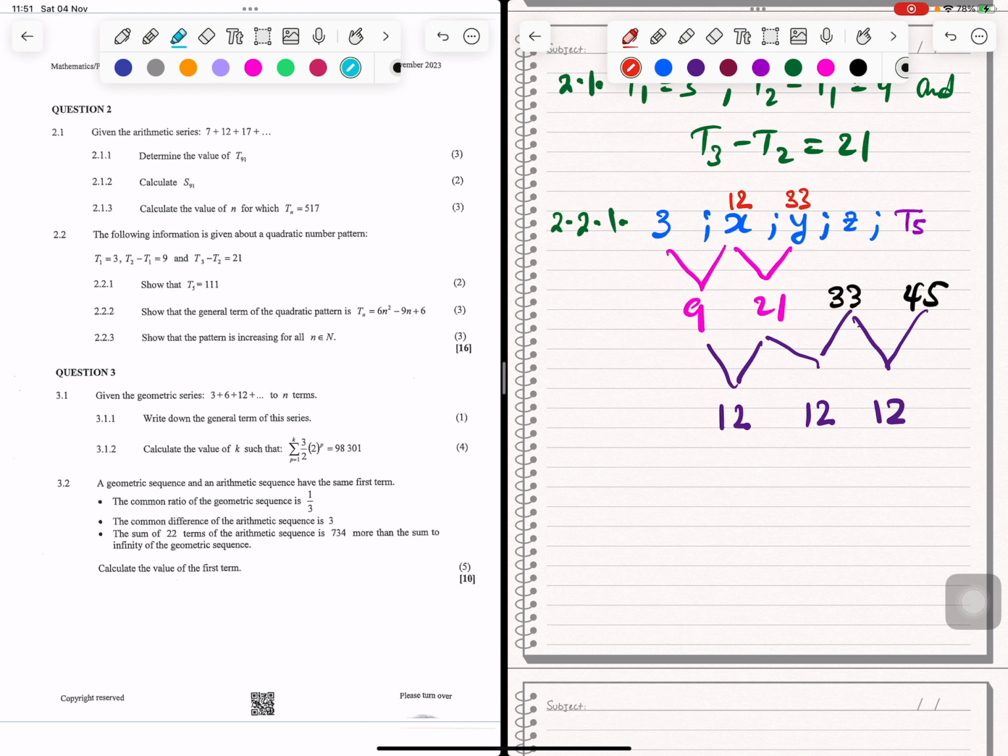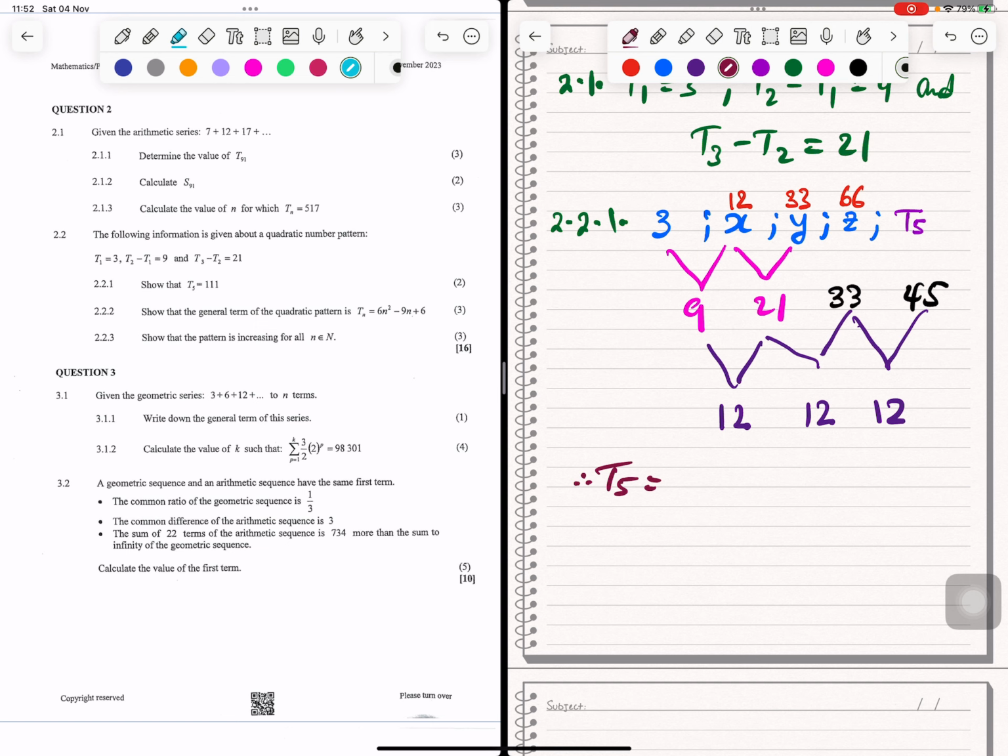And now, to get Z, you will need to add these two in that order. So you're going to get 66 as a value. Now, to get T5, therefore, T5 is going to be equal to the sum of these three, in that order.